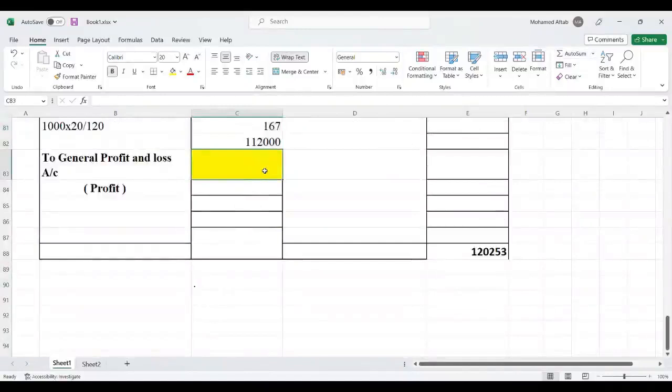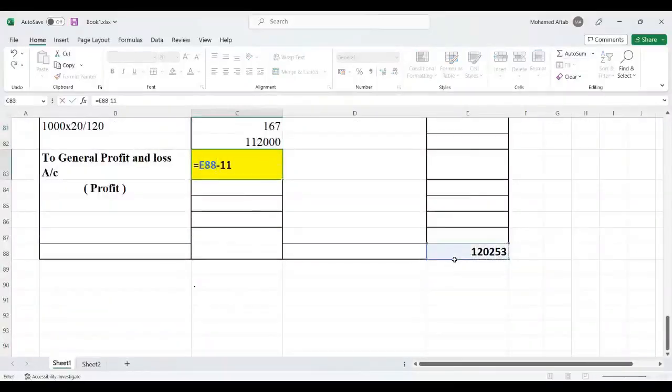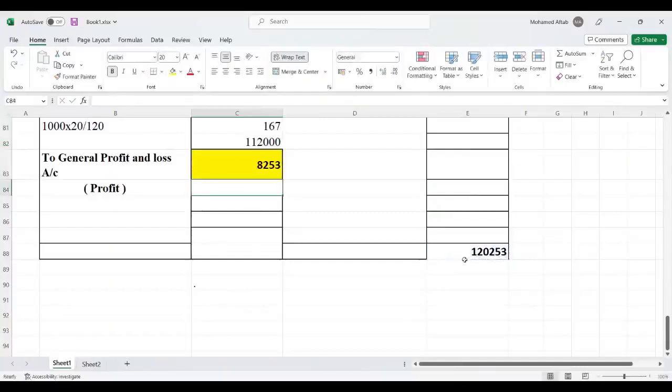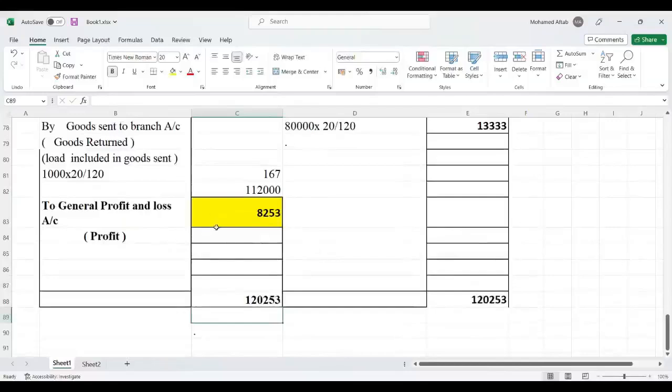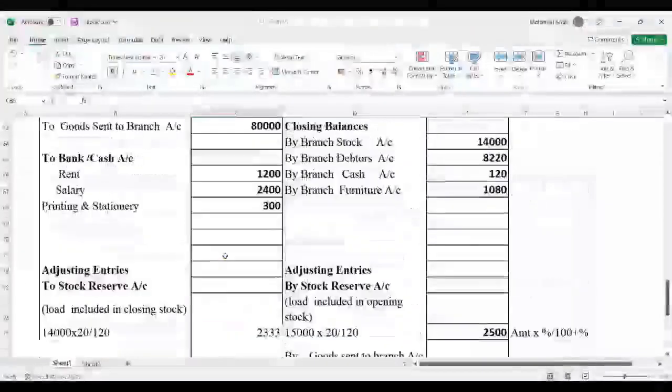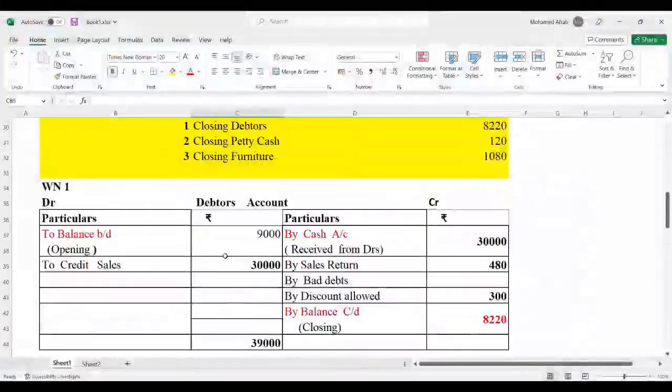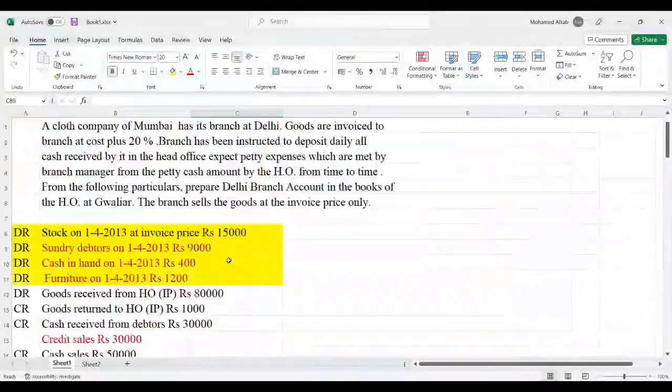So if you minus, 1,20,253 minus 1,12,000, so 8,253 is the final answer, that is the general profit and loss account. This completes your problem. It is a 12 marks important problem from the point of view of the examination.